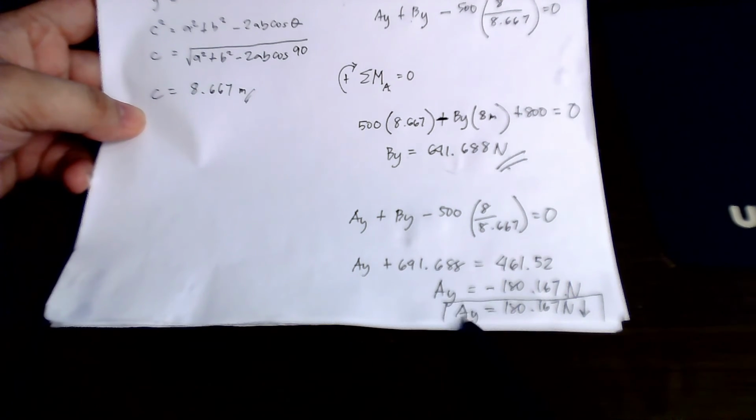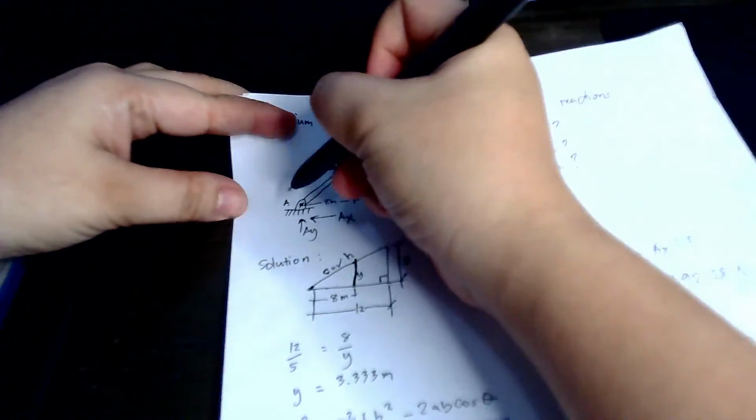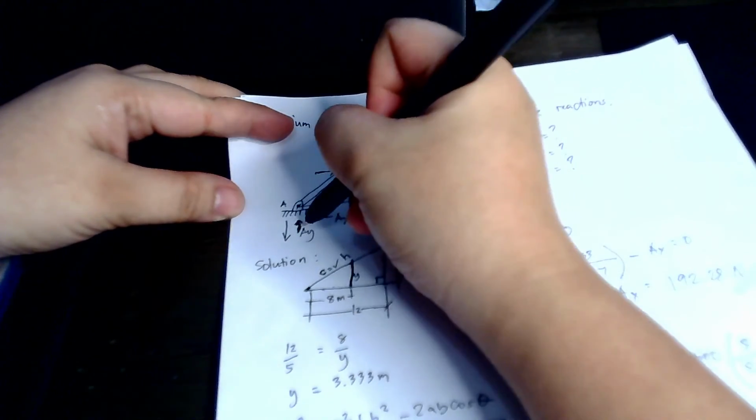Supposedly our AY should be downward, so we go back here and correct our assumption: AY is going down.